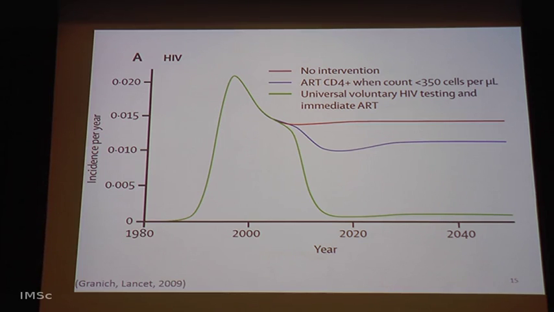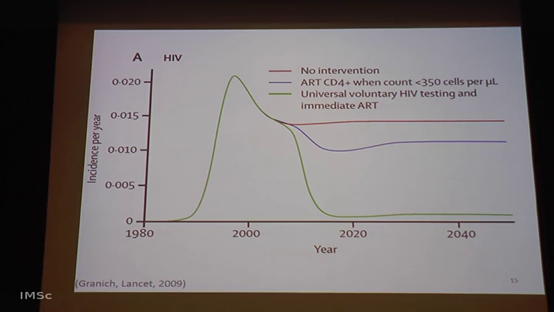Now the current ART guidelines in South Africa have actually improved, so they've gone from giving ART at less than 200 to less than 500. But basically this is a marker, as this decreases, of how far your HIV is progressing. So the blue line is like, let's do a little bit better at giving ART, so let's give ART to people when they're a little bit more healthy and see if that has an impact on HIV incidence.